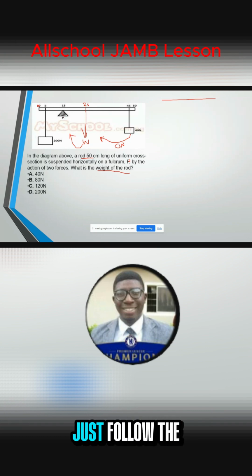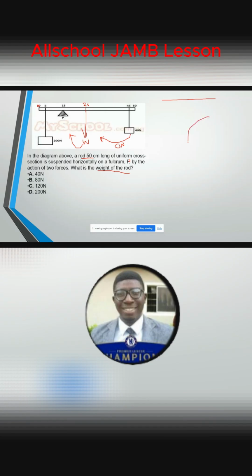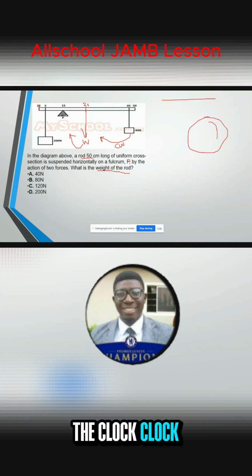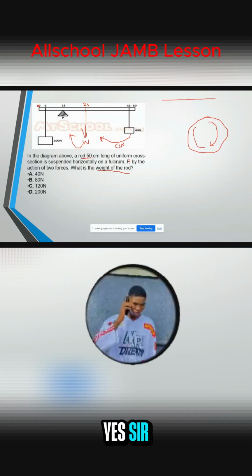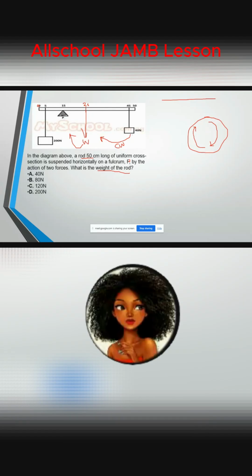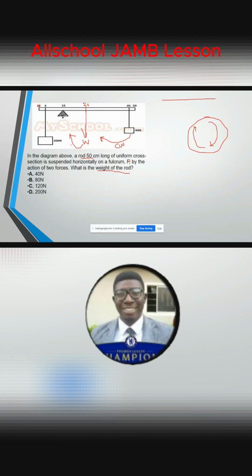Look at it, it's acting down. Just follow the arrow and connect it to the pivot. You notice that the clock also moves this way when it's going down. This is how the clock moves. So this is clockwise.